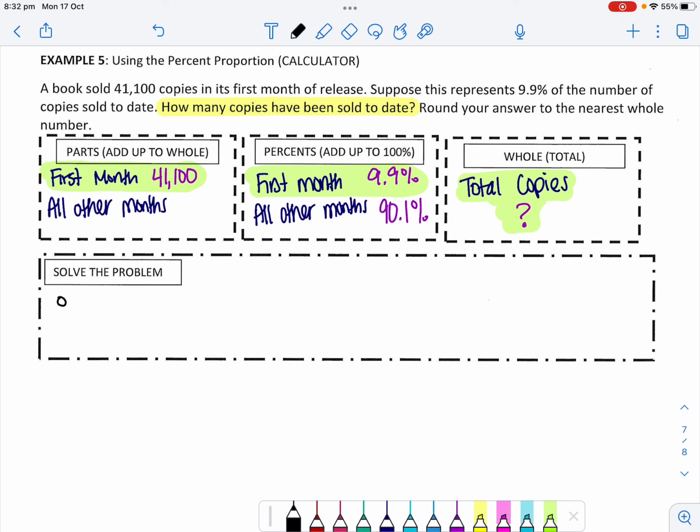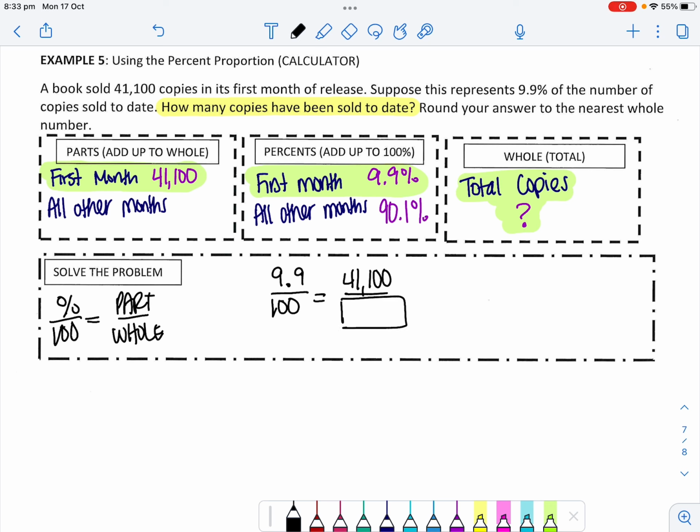And again, it's going to be percent over 100 equals part over whole for my percent proportion when I'm looking for the whole. So 9.9 over 100. Again, nothing changes about the percent. You just put it right over 100 equals 41,100. And then my number on the bottom.